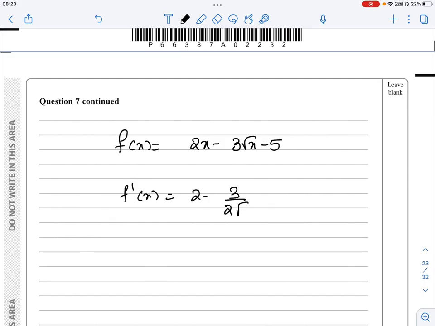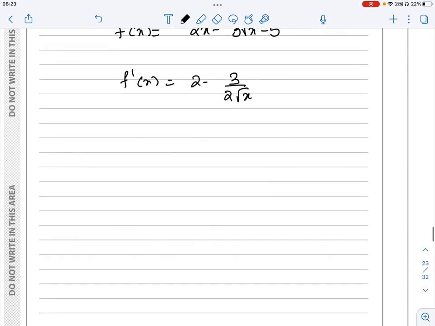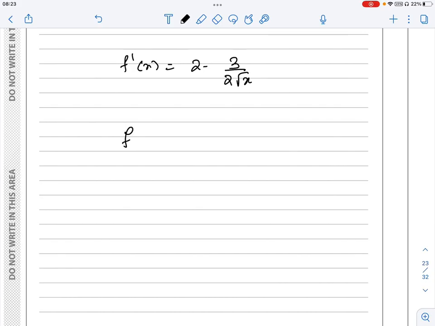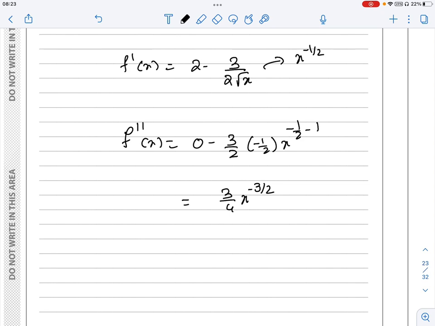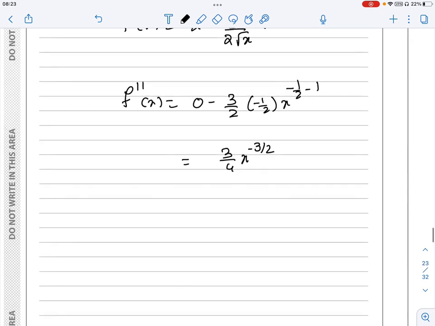Then f double prime x equals 0 minus 3 upon 2 times x power negative 1 upon 2, whose derivative is negative 1 upon 2 x power negative 1 upon 2 minus 1. So it becomes 3 upon 4 x power negative 3 upon 2. So that is f double prime x.